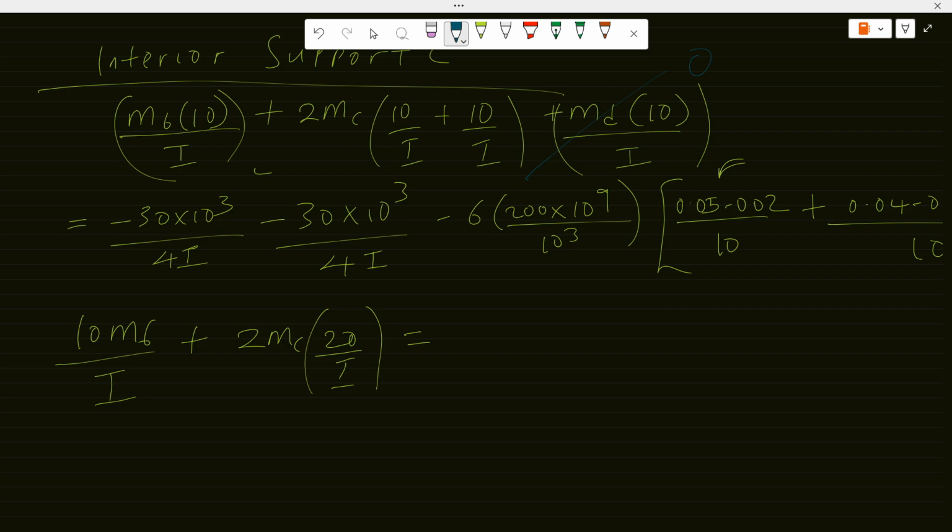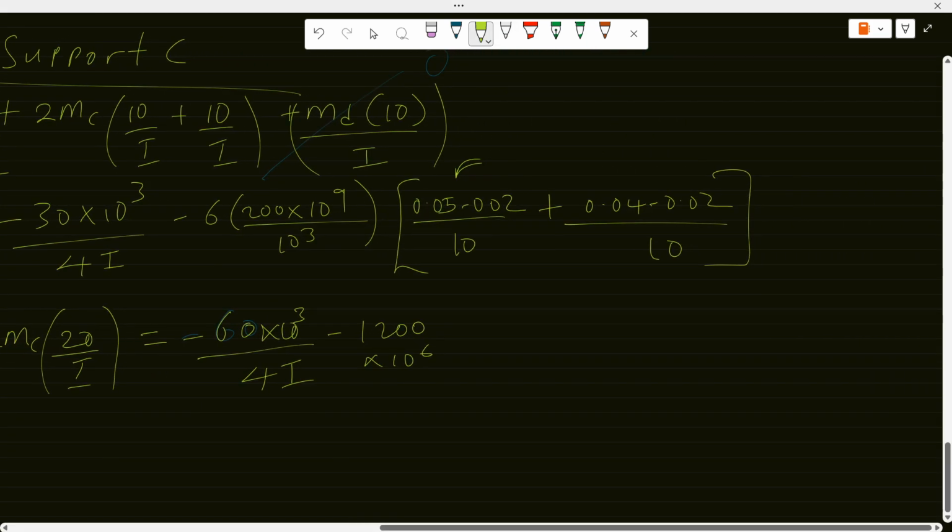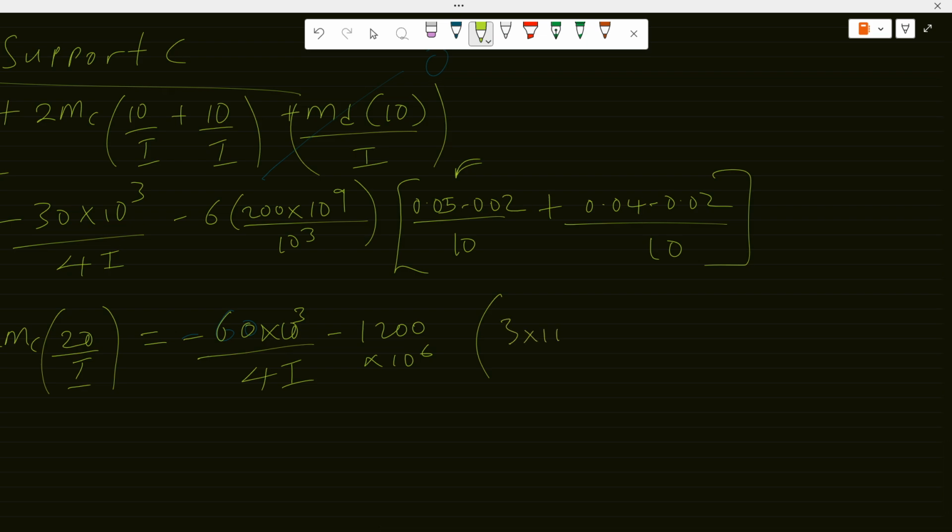So 2MC, 20 over I. So minus 60 times 10 raised to power 3 over 4I. We combine the two terms. Minus 1200 times 10 raised to power 6. And we have 3 times 10 raised to power minus 3 plus 0.002.